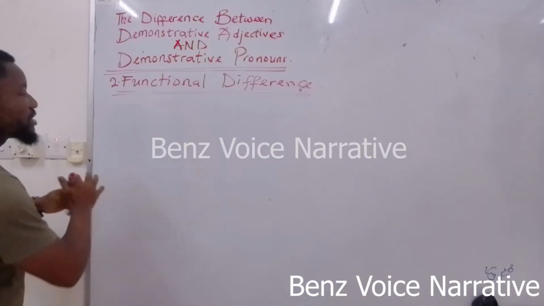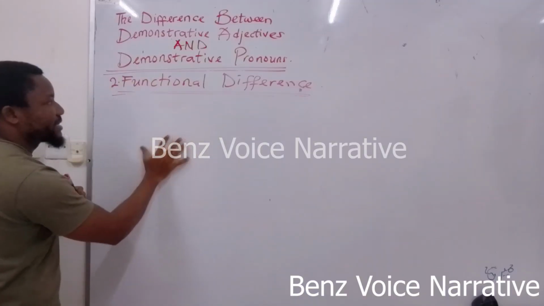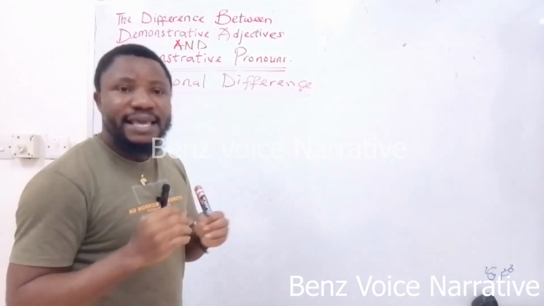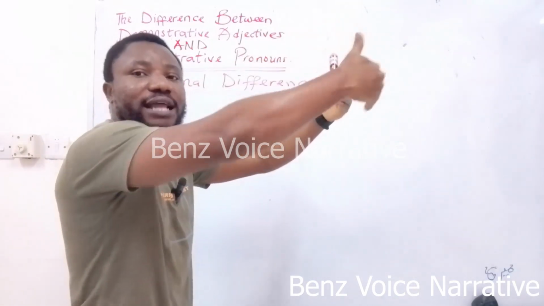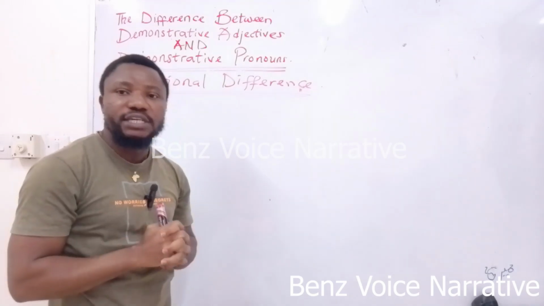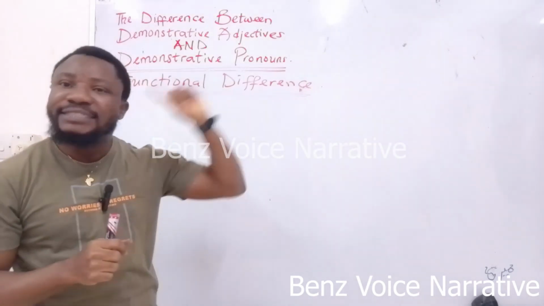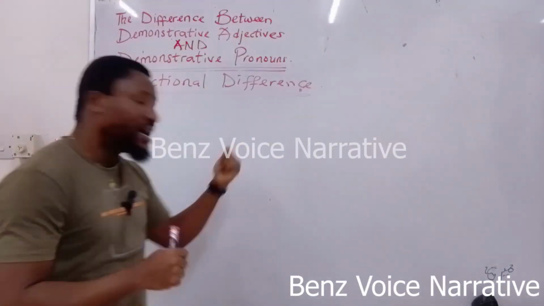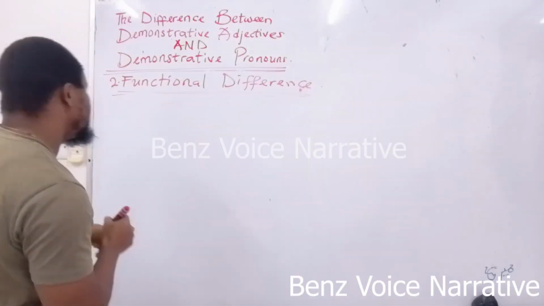But that is not the business in this class. The business is that we understand that a demonstrative pronoun can as well function as the receiver, the recipient of an action performed in a sentence, whereas a demonstrative adjective cannot function as the object of a sentence. Let's consider examples.